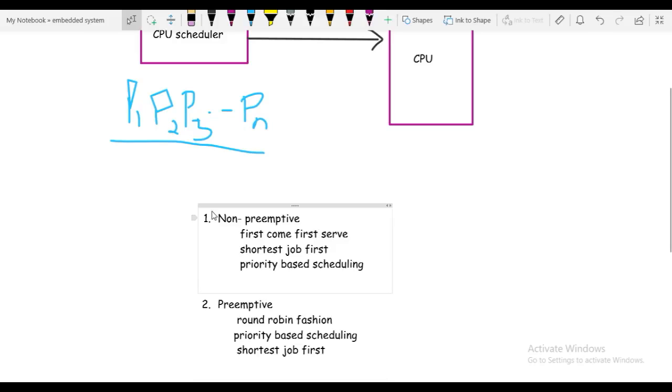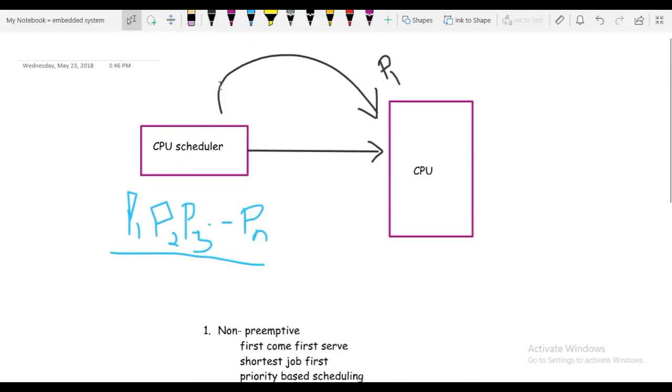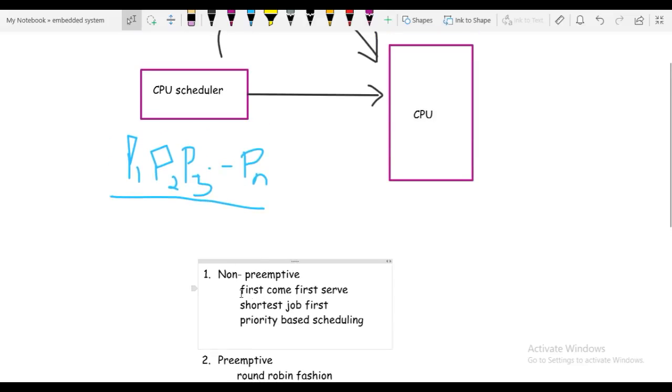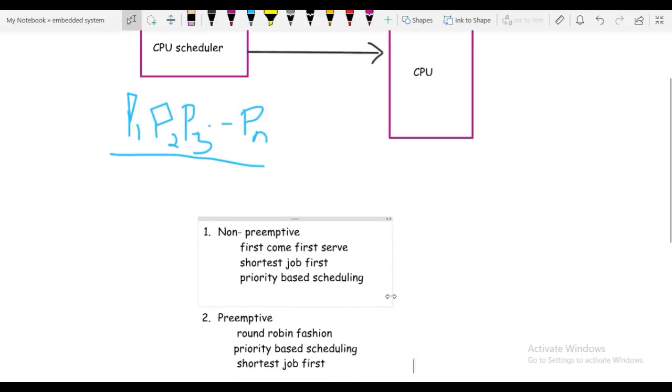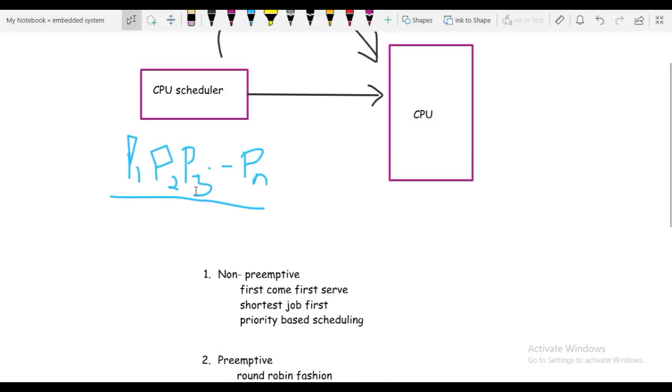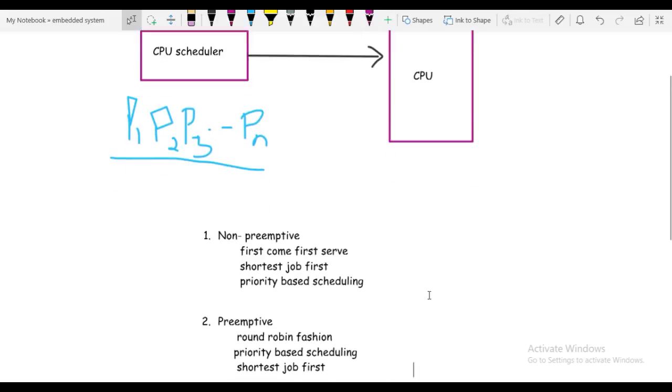Okay, first let's see what the non-preemptive version is. Once the CPU scheduler allots any process to the CPU, the CPU will execute the process entirely, that is completely, till the execution time or till the estimated completion time. No matter what else is in the queue, it will complete its process, only then will it take another process, right?